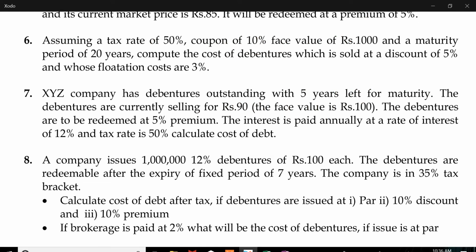The flotation cost, you'll have to make an assumption, is it percentage of face value or issue price? Because the issue price is going to be 950, discount of 5%. So the issue price will be 950. The flotation cost can be taken as 3% of 1000, 3% of 950.